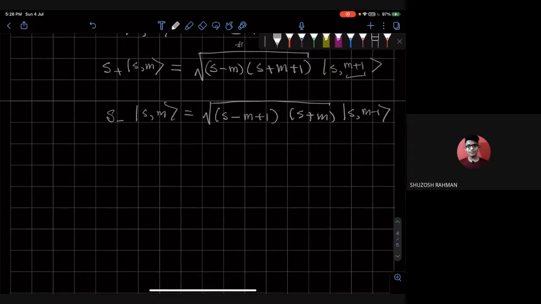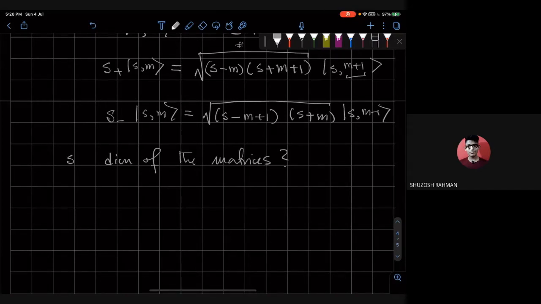So if I choose the value of the spin to be S, what will be the dimension of the matrices? Another way of saying it is, what would be the number of eigenvectors of the Sz operator?